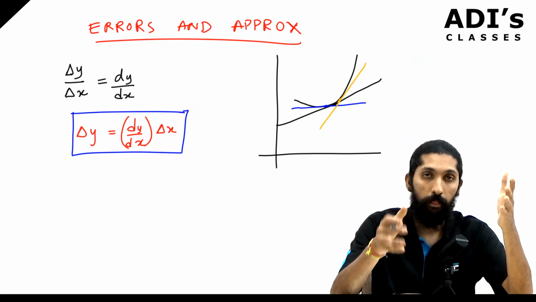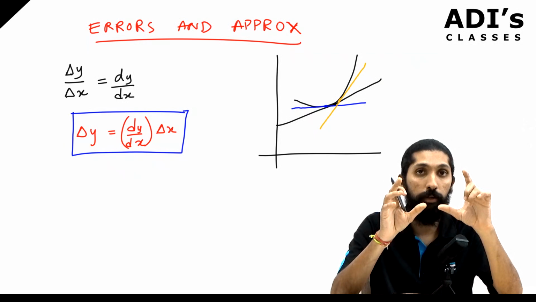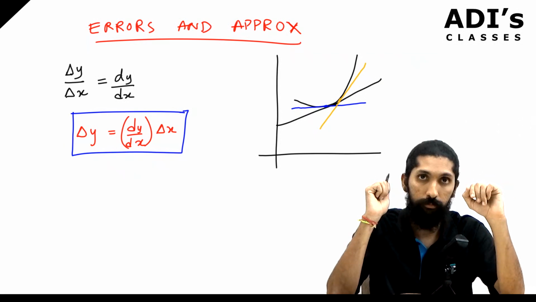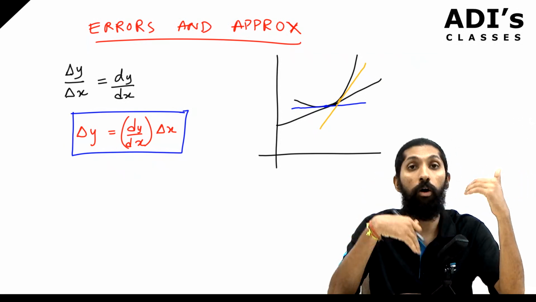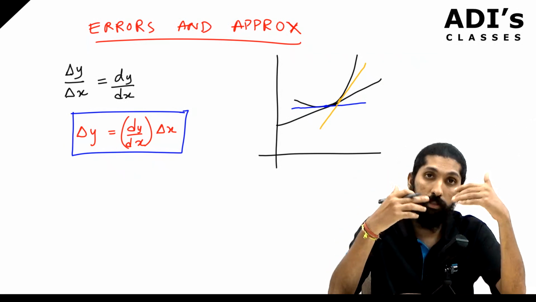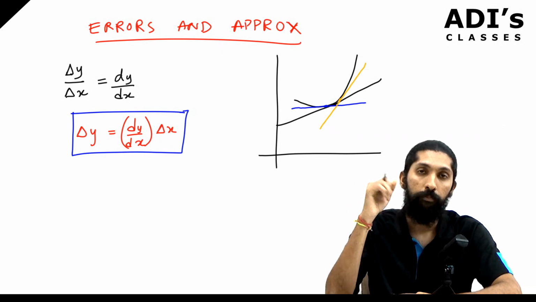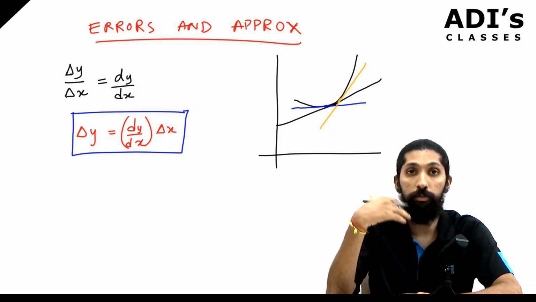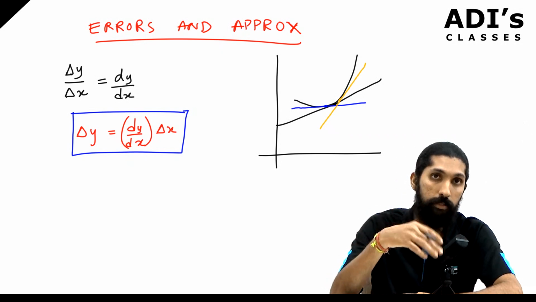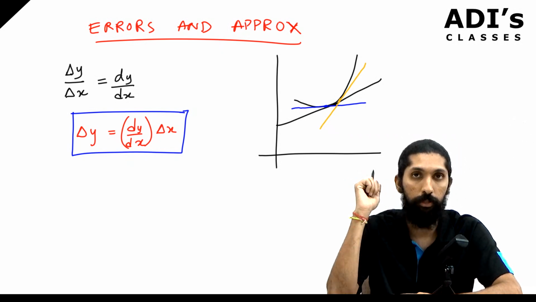So there is some sort of an error in the function, or you can say we are trying to approximate the value of the function. How are we going to use the derivative to calculate the errors and approximation?